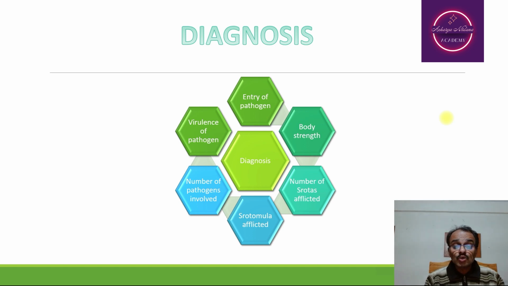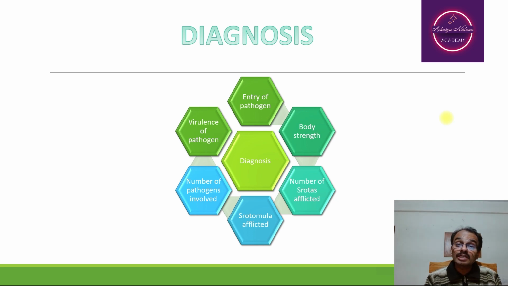Sroto Mula afflicted. Whenever a person is suffering from increased Medodhatu, that means naturally the adipose tissue increases in the body, the first and foremost affliction we can suspect is Medovaha Srotas affliction.